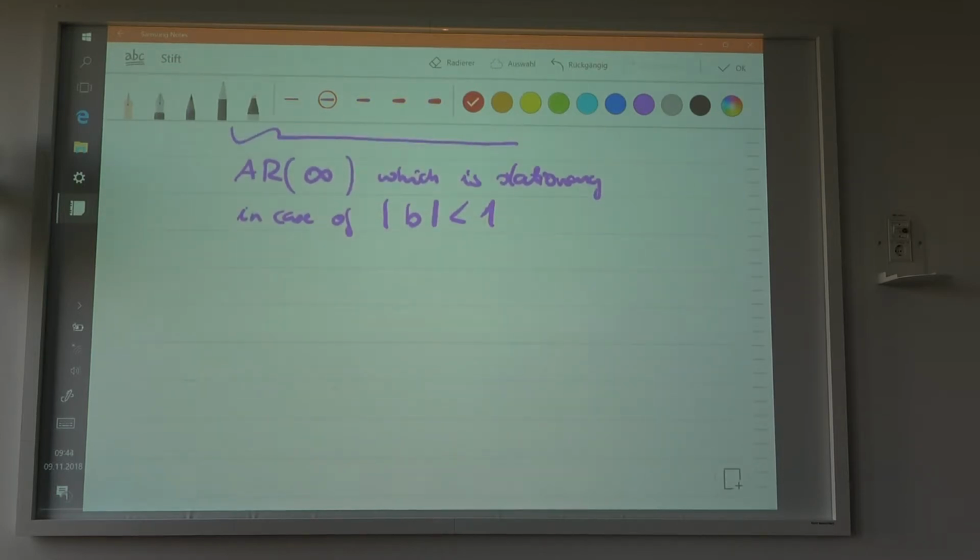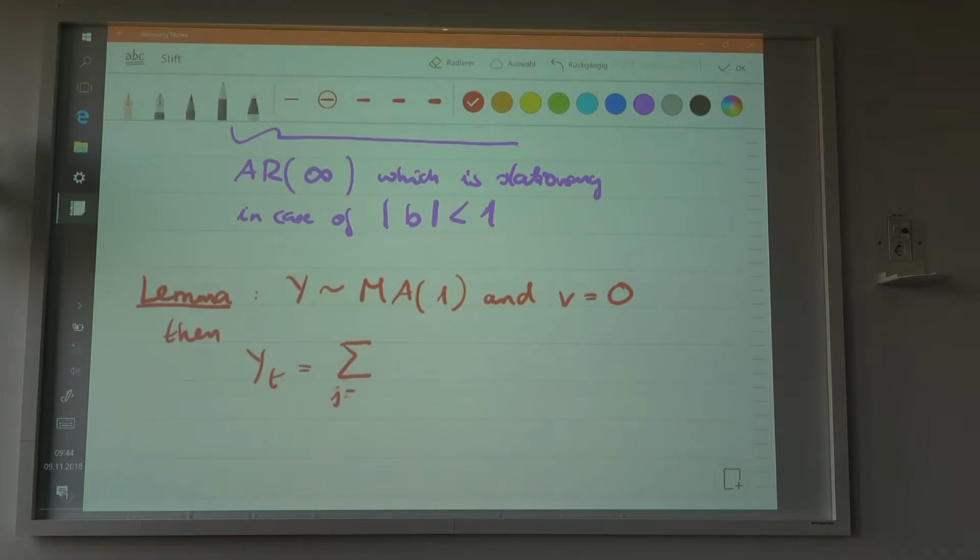The lemma that I'm applying here is that if y is a moving average process of order 1, and we also have that the constant is equal to 0, then you can get yt as an infinite sum of -1 to the power of j minus 1 times b times epsilon t minus j, plus epsilon t.